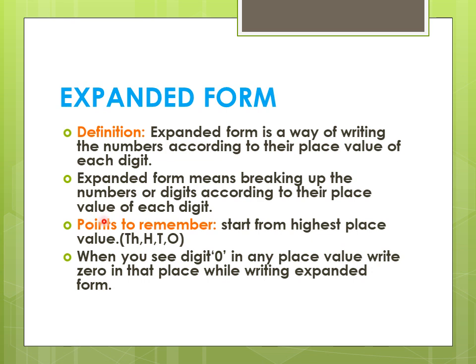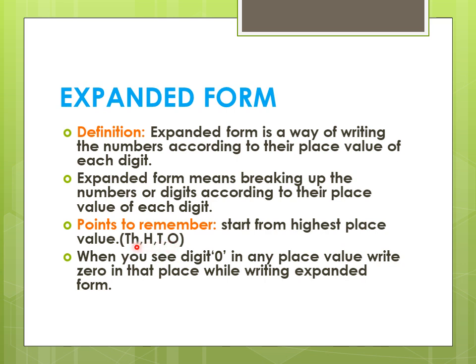Here are a few points you need to remember, children. When you are writing the expanded form of any number, you need to start from the highest place value of that particular number. If it is a 2-digit number, you will be getting ones place and tens place, and you need to start from the tens place, whereas in a 3-digit number the highest place value is the hundreds place, so you need to start from the hundreds place.